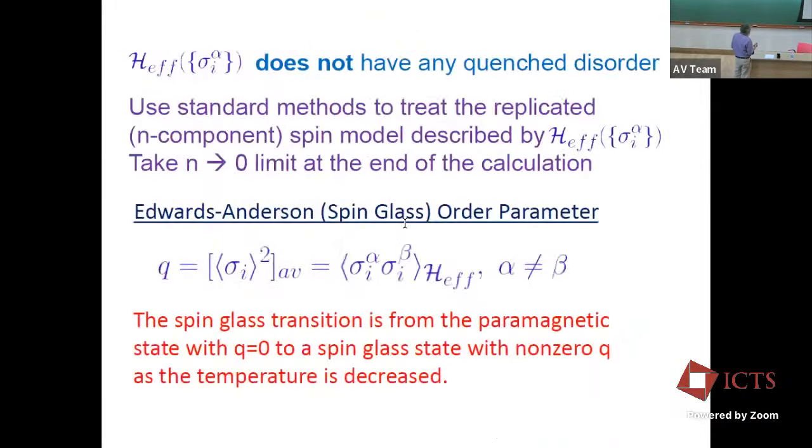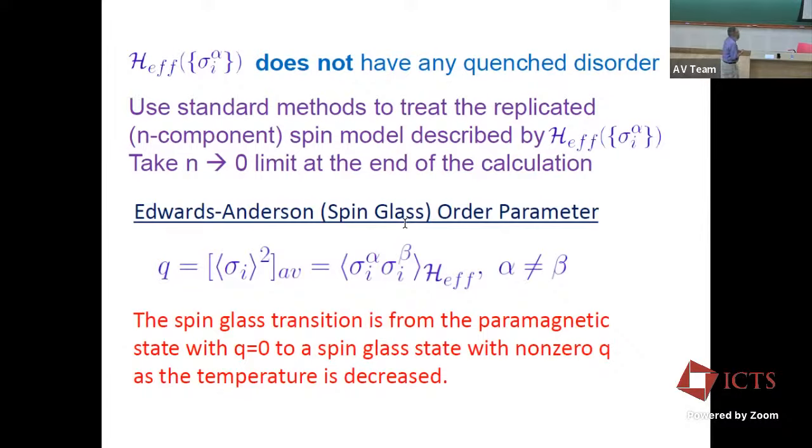This is something that I had worked out. When alpha is not equal to beta, then each replica index will give you one thermal average. But H effective has no Jij, right? But I remember you started with a Hamiltonian which had Jijs explicitly sitting.